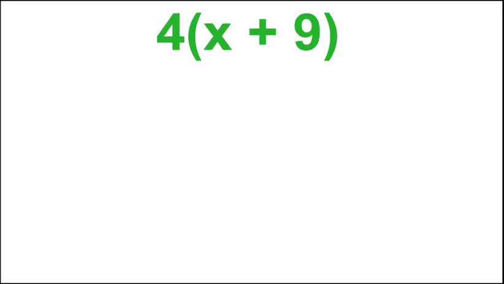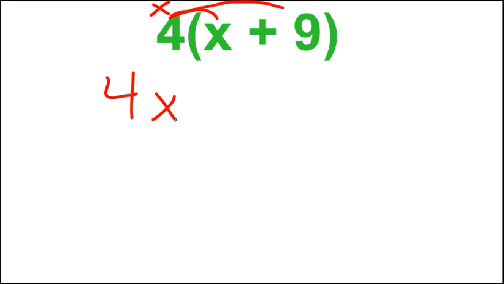So when we have a variable in it, it still works the same way. What's in front of the parentheses is being distributed or passed out to the two parts on the inside, and we multiply. Whenever you have a number times a variable, the number is the coefficient followed by the variable. So 4 times x is 4x.